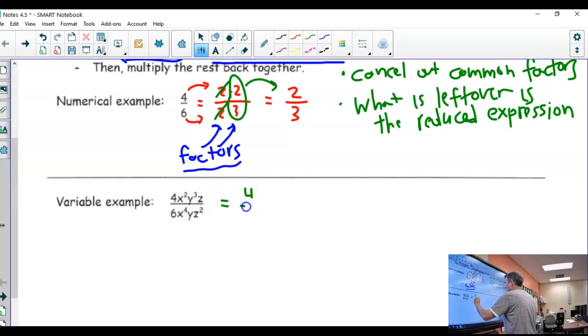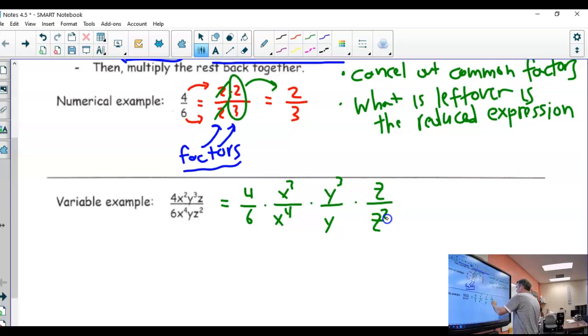I would have 4/6 times x squared over x to the 4th times y to the third over y times z over z squared. Now, we might not always separate these, but I think it's a good way to start.